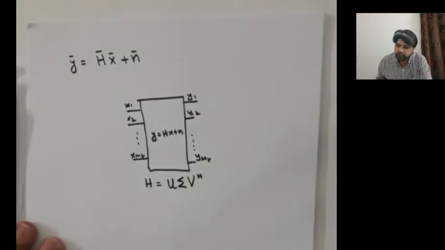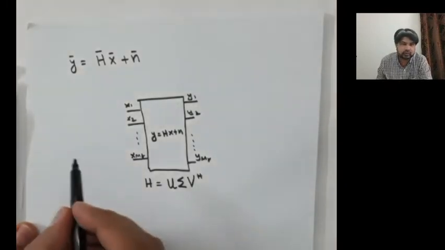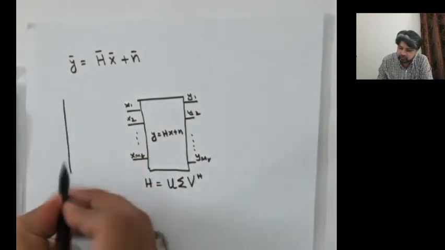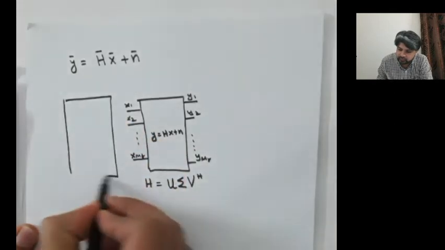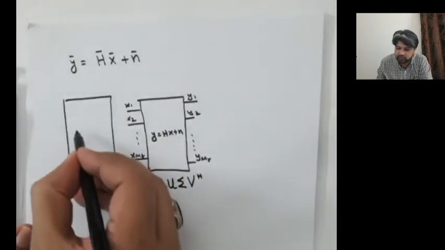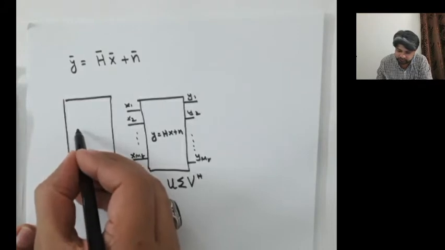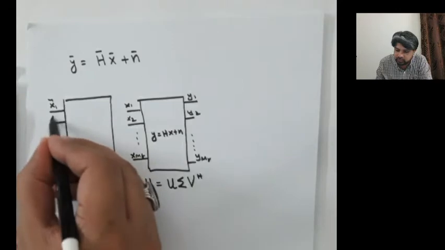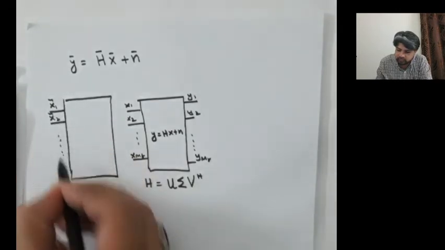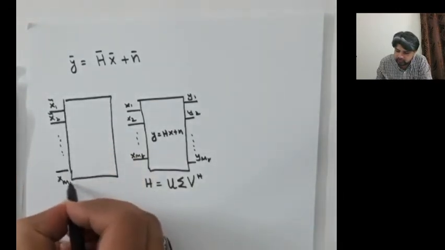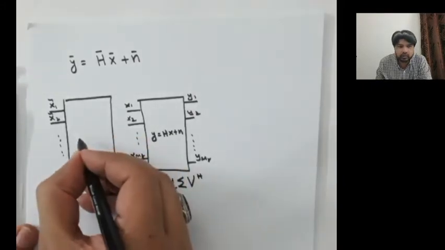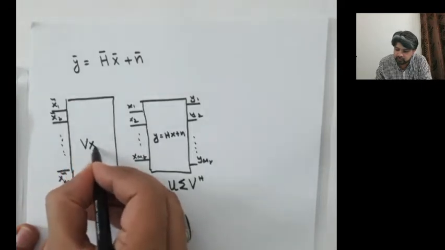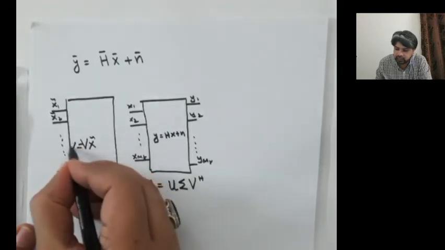So then we said that we can pre-code the signal that we want to transmit at the transmitting end, such that your transmit signal is pre-coded by a matrix V. That means if X tilde is the input, then before transmitting, just pre-code it in this manner, and that gives you the X vector.